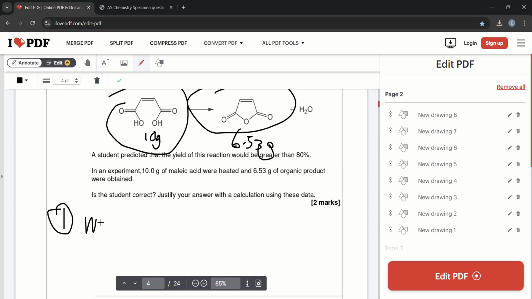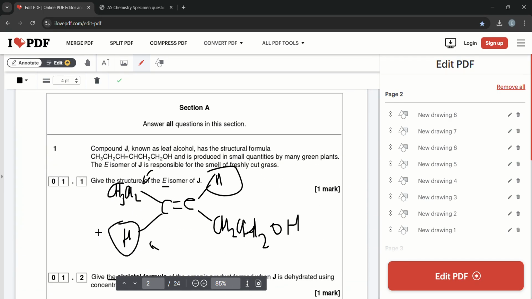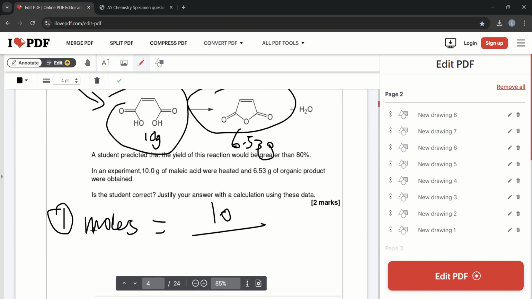So moles is going to be mass 10 divided by the Mr of this, and it does not give it to us in the question. That's really annoying, but Mr is 116.0 from the mark scheme. That'll give me 8.62 times 10 to the power minus 3.